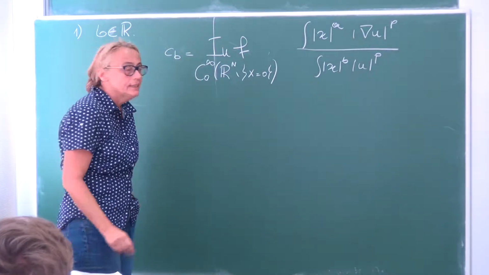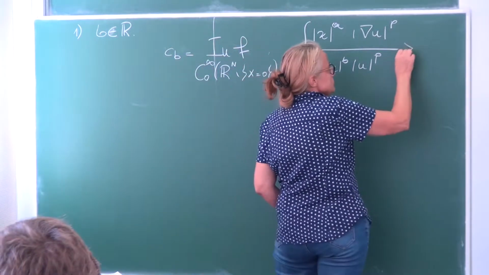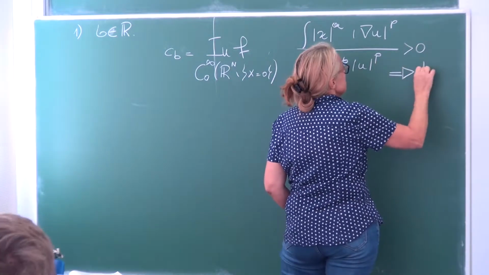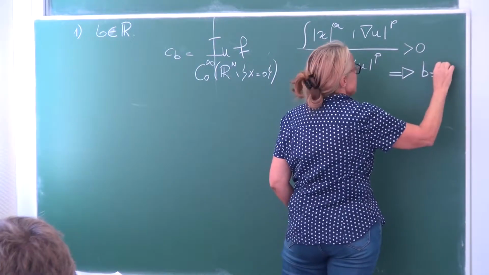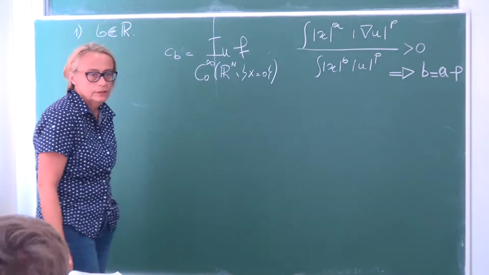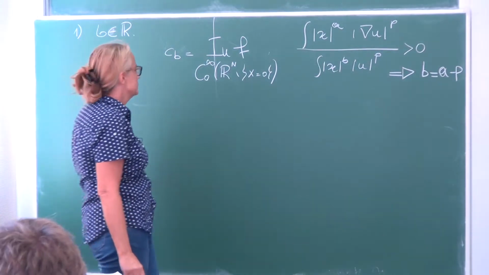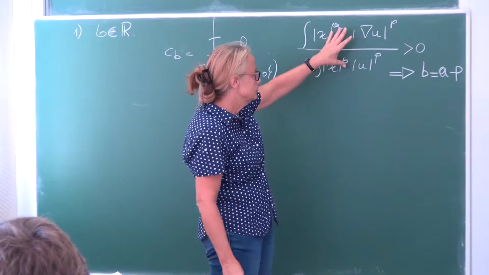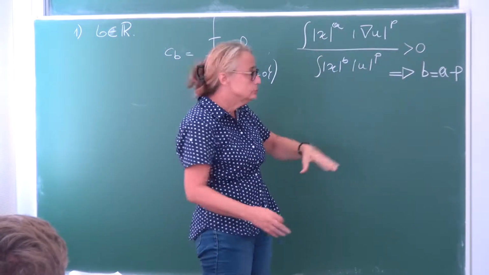Then necessarily, if this is positive, b is exactly a minus p. You don't have any more chance, and this is because this ratio is invariant with respect to dilations in R^n.